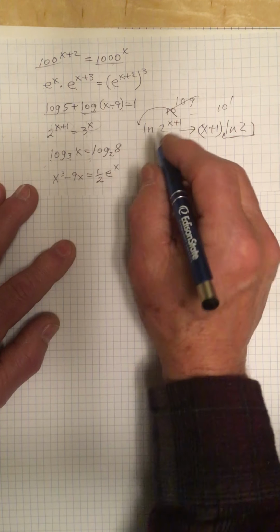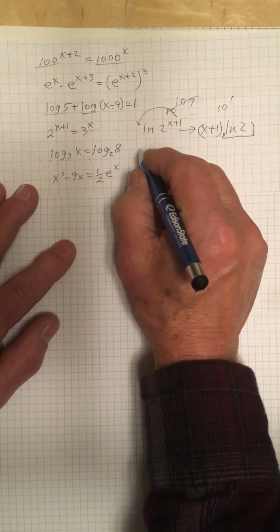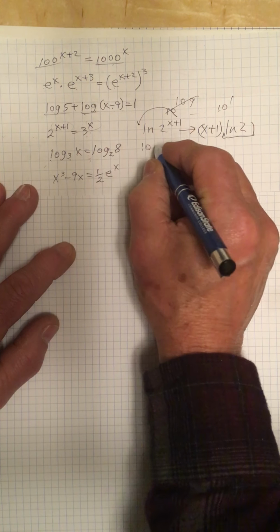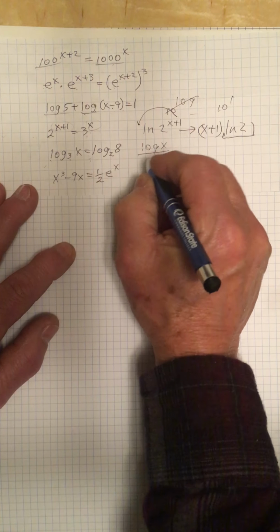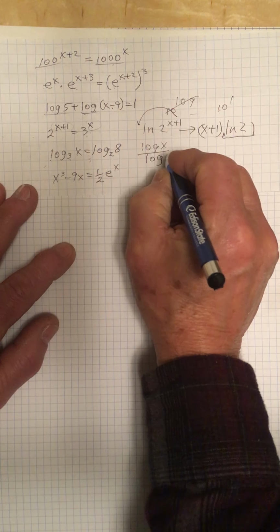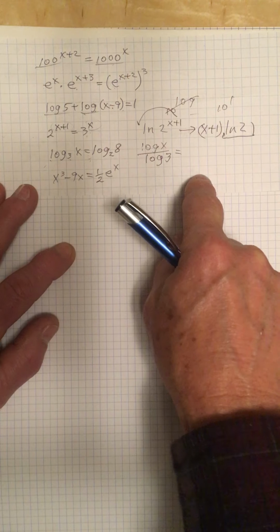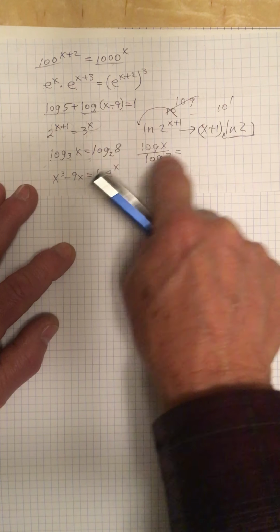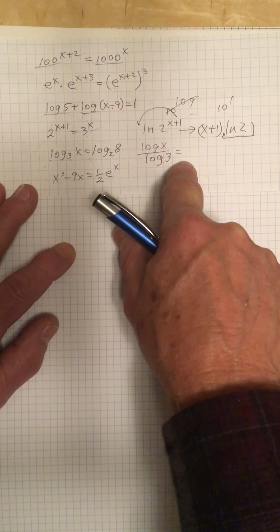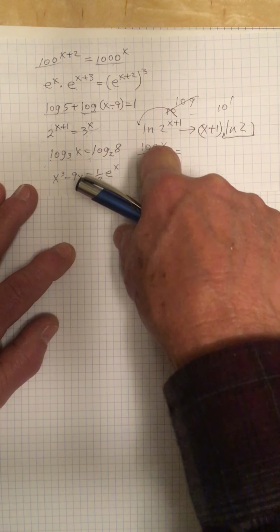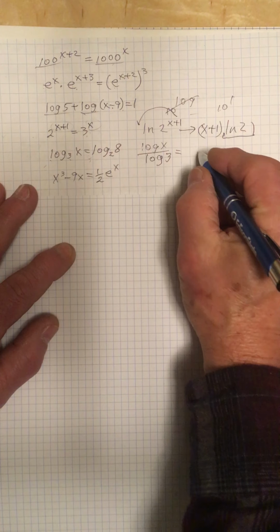So I'll just look at the left side for you. The left side would look like log x over log 3. You can see where this is going. Log 8 over log 2. Now you have a bunch of logs you can figure out on your calculator, and all you'll have is log x.